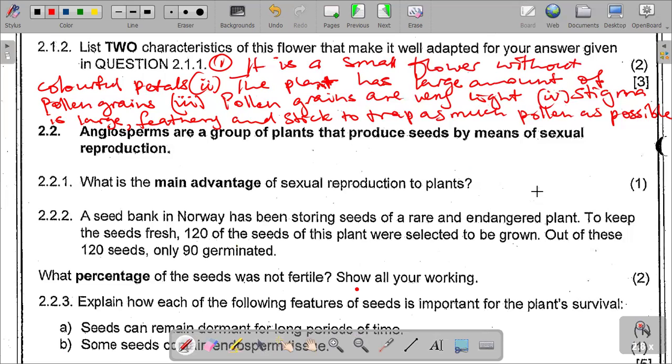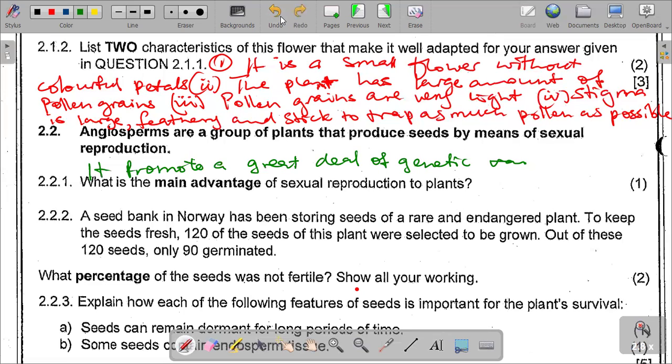The main advantage is that it generates a great deal of genetic variation.